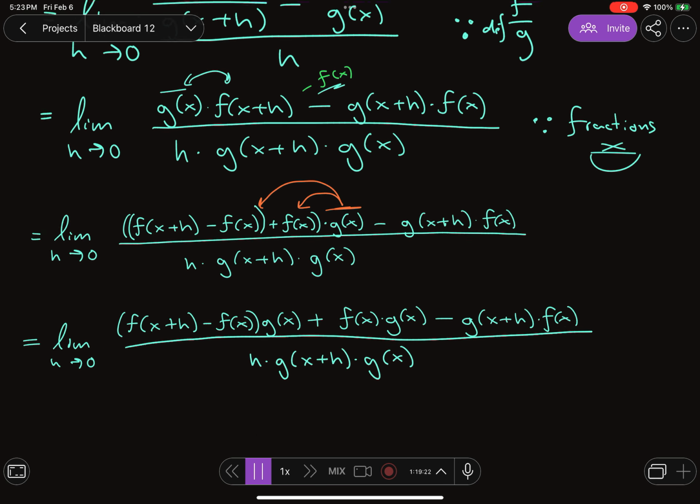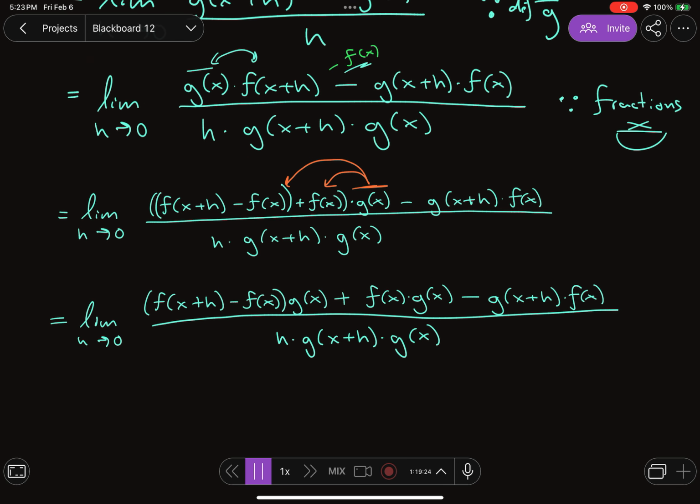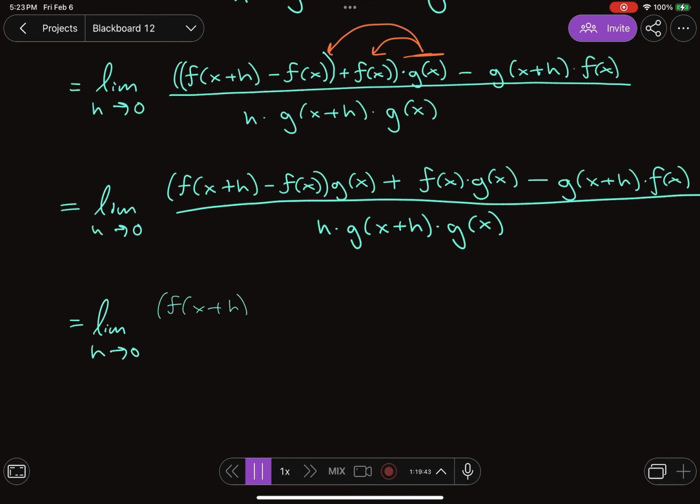All right. And then I look at these two guys, this thing right here and this thing right here, and what I'm noticing is common is a negative f of x. So watch this carefully. Make sure I'm not making any sort of algebraic blunders, but I do think this is the same thing as the limit as h approaches 0 of f of x plus h minus f of x times g of x.